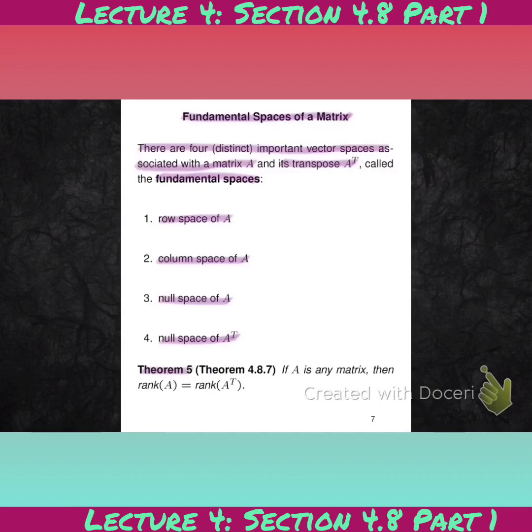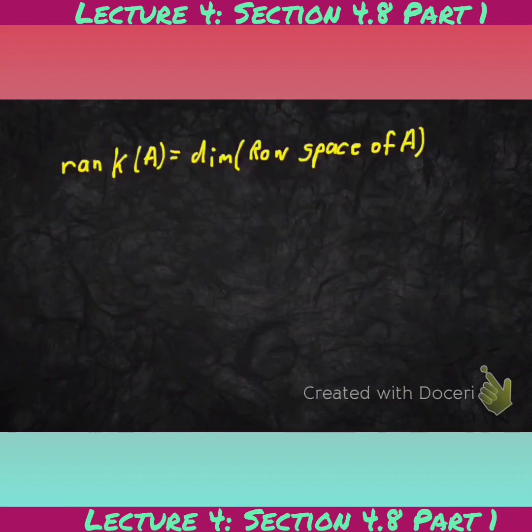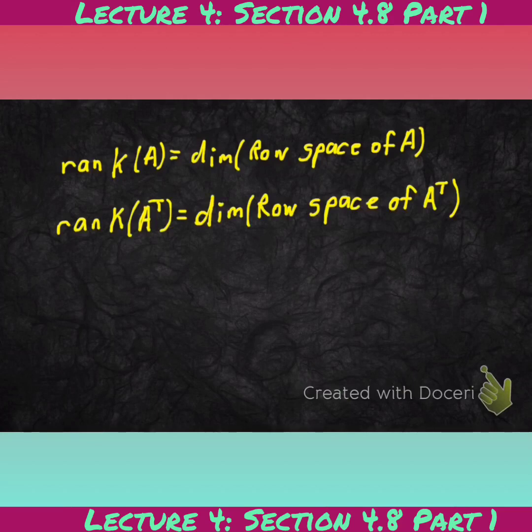Okay, right, so the next Theorem 5 tells us a little bit about the relationship between the rank of a matrix A and its transpose. If A is any matrix, then its rank is always equal to the rank of its transpose. So look at the rank of A. The rank of A is the dimension of the row space of A. Likewise, the rank of A's transpose is the dimension of the row space of A's transpose.